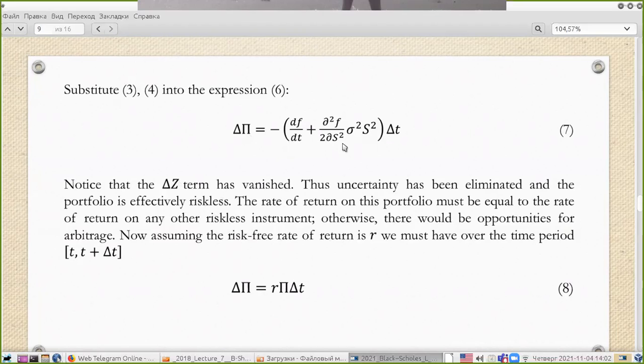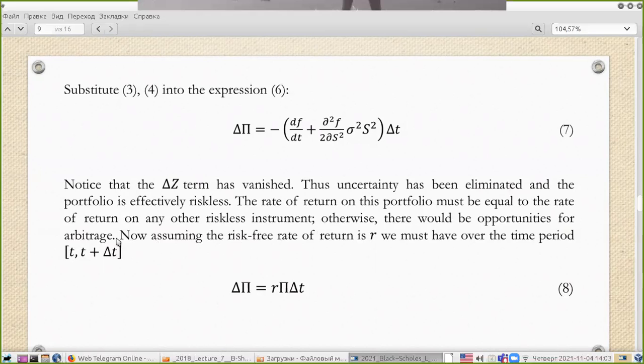We have only time, only constants, and so on. The rate of return on this portfolio must be equal to the rate of return on any other risk instrument. Why? Because otherwise there would be opportunities for arbitrage.